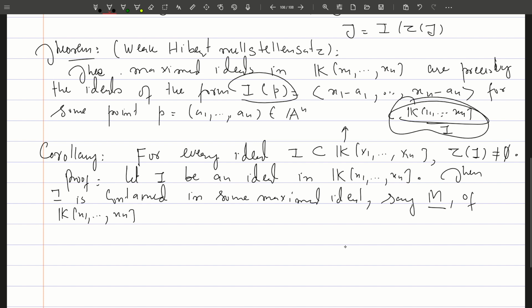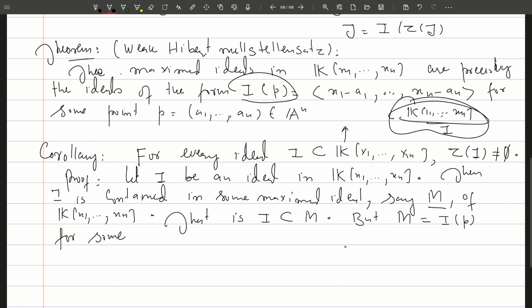So I is contained in M, but this M is equal to the ideal of P for some point P in the affine space.